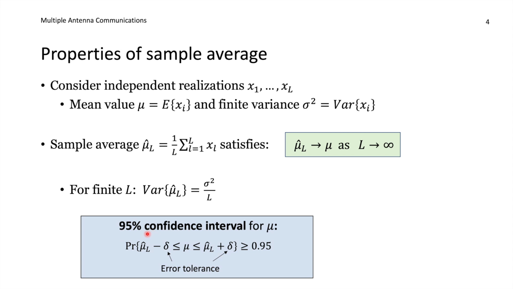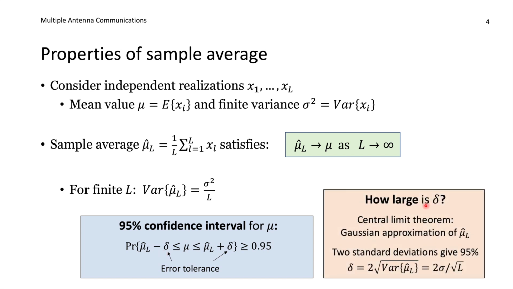Then we have a 95% confidence interval for mu. The main challenge is to actually figure out what this error tolerance delta should be. And in practice, this one also needs to be estimated somehow. So there is always going to be some approximations involved here.